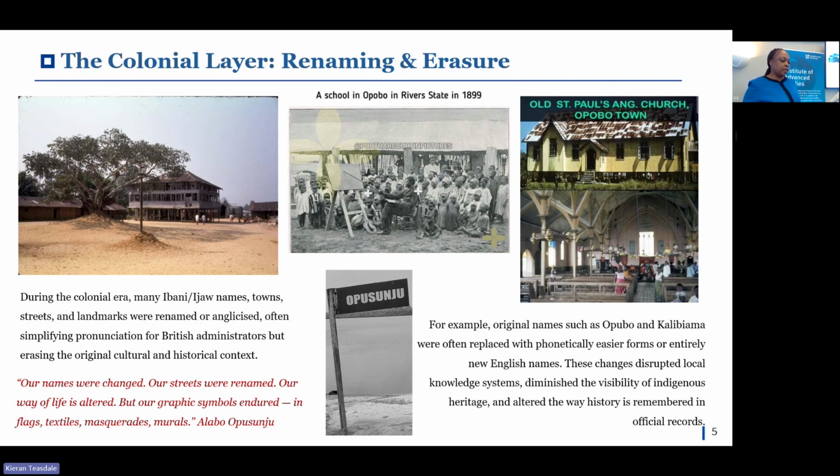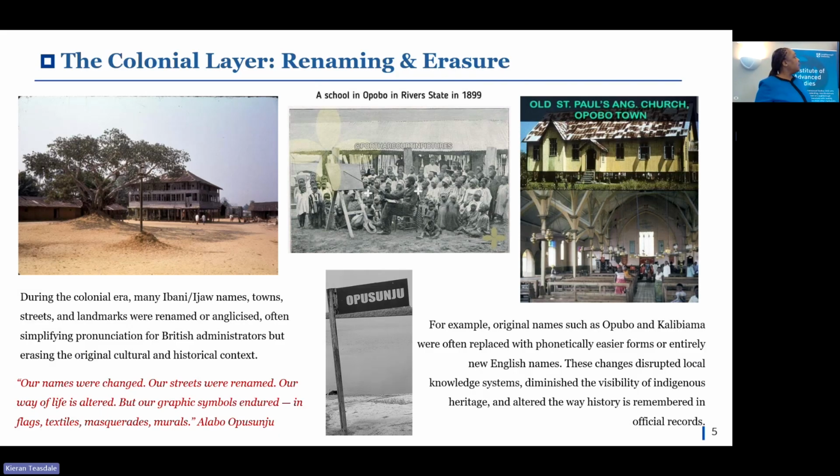Similarly, colonial documentation systems tended to prioritize administrative records, statistical trade reports, and other handwritten reports over visual and oral history.